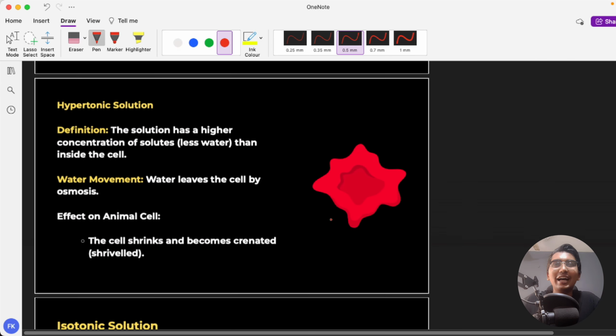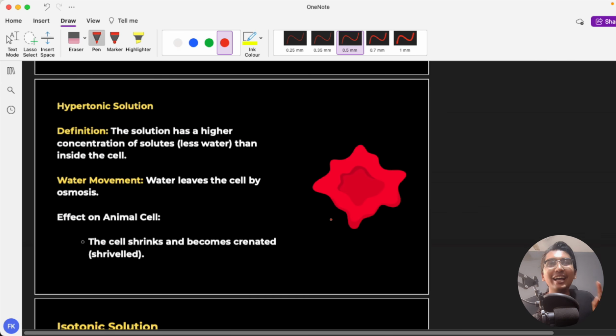Now let's look at hypertonic solution. A hypertonic solution has a higher concentration of solutes, which means it has fewer water molecules in the solution than inside the cell. So now it is Uno reverse. I hope you guys play Uno, right?